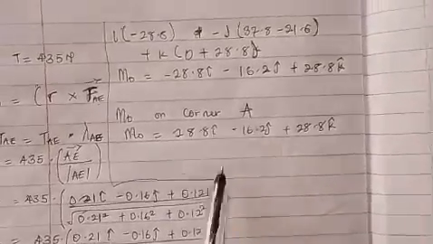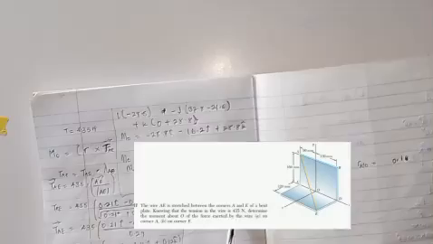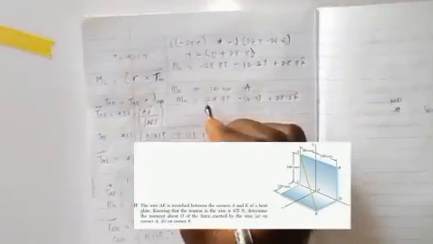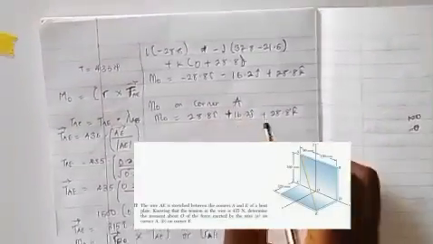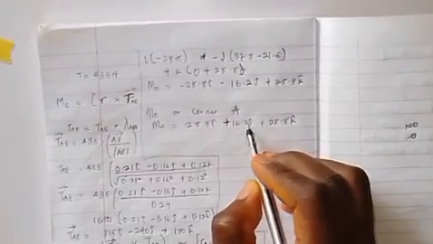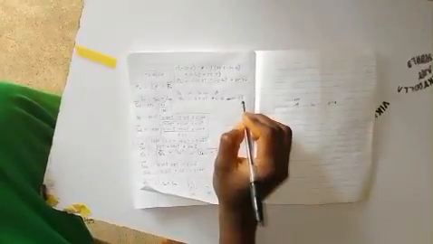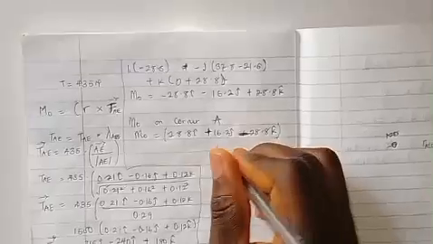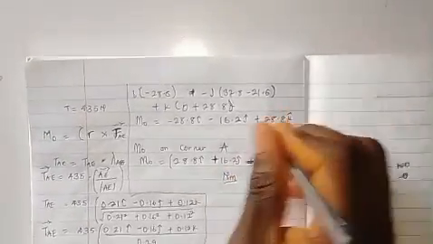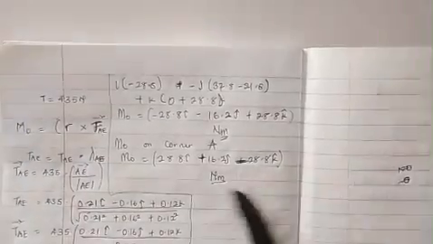For it to be acting on corner A, we are taking the negative of this particular moment. That means we will be having 28.8 plus 16.2 in J direction minus 28.8 in K direction. Don't forget the unit of our moment is what? Newton meter. And this also is in Newton meter.